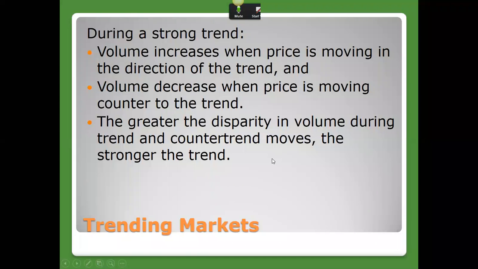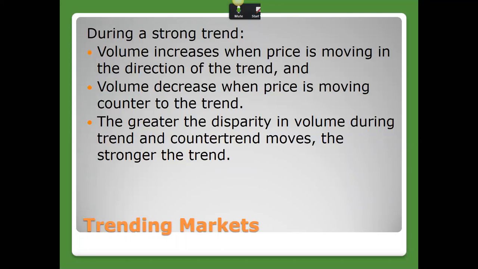When there's a strong trend, volume will increase when the price is moving in the direction of the trend, and volume will decrease when the price is moving counter to the trend. So when there's a pullback, the volume will decrease, and when the trend continues, you will see the buying volume come in, in the case of an uptrend.